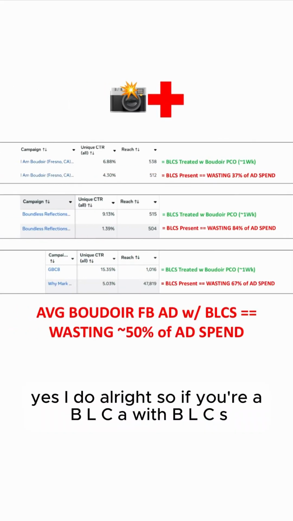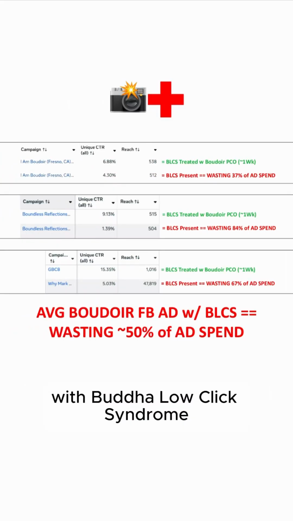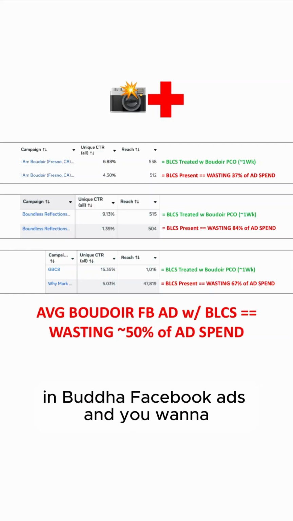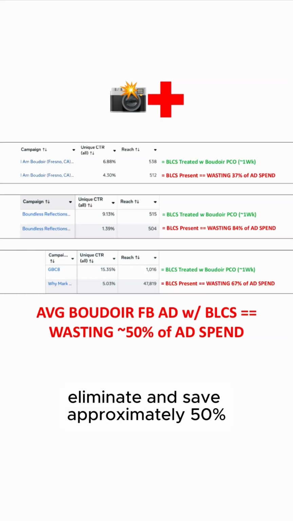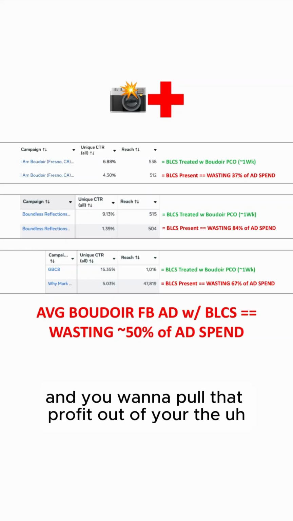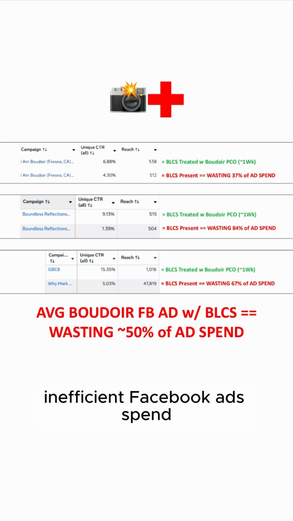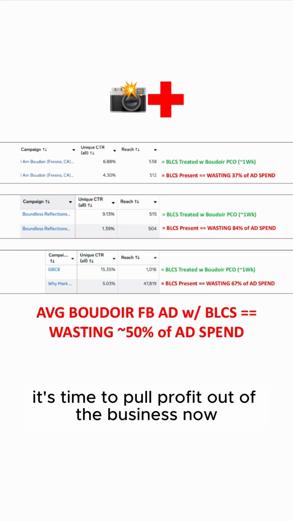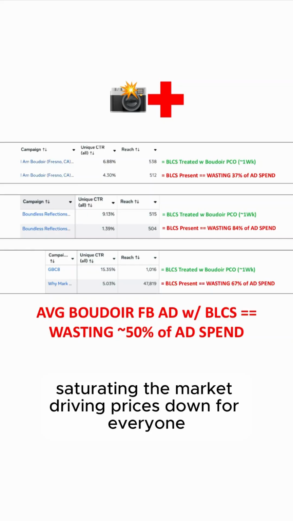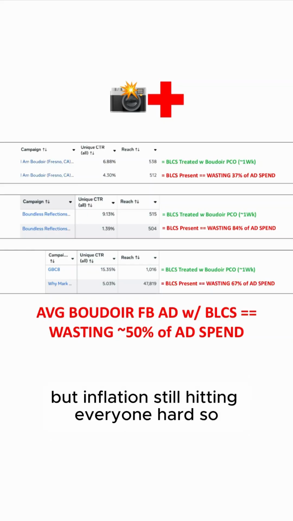All right, so if you're a BLCA with BLCS, if you're a boudoir low click advertiser with boudoir low click syndrome, and you're spending more than 10 grand a month on boudoir Facebook ads, and you want to save approximately 50% of that ad spend back in your pockets, approximately 5K a month or 60K over the next 12 months, and you want to pull that profit out of the inefficient Facebook ad spend because you've already pulled it out for some other parts of the business, you realize it's time to pull profit out of the business now because more boudoir photographers are popping up on Google My Business profile, saturating the market, driving prices down for everyone, but inflation's still hitting everyone hard.